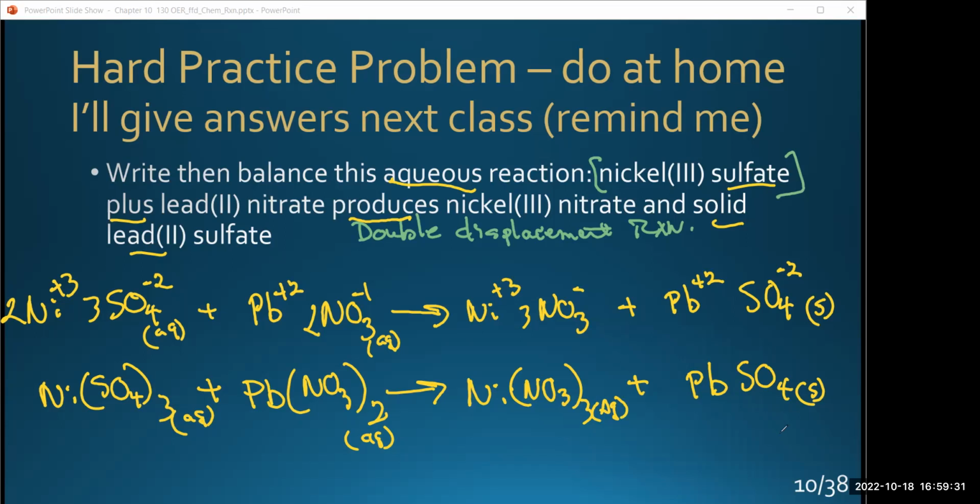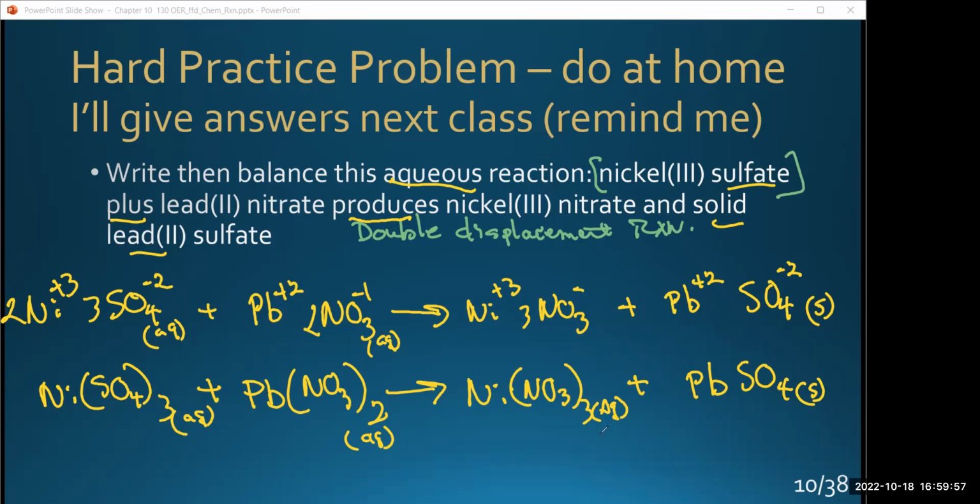So note something, some observation. I got nickel sulfate, which is soluble. I put it together with lead nitrate, which is soluble, 2 clear solutions. I mix them together. They exchange partners. The nickel now attaches itself to the nitrate, giving you nickel nitrate, okay? Which by solubility rules show it to be soluble in aqueous solution.